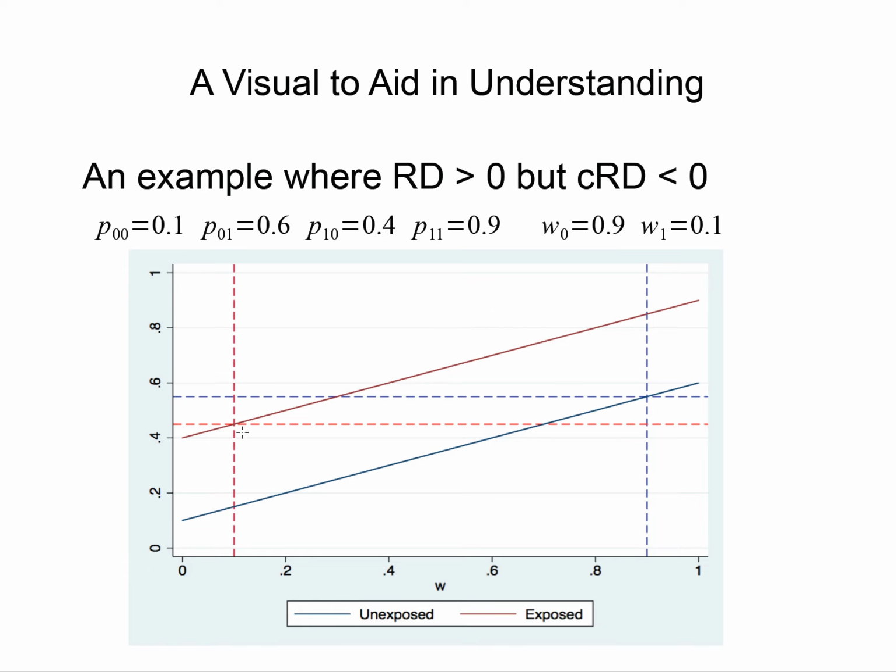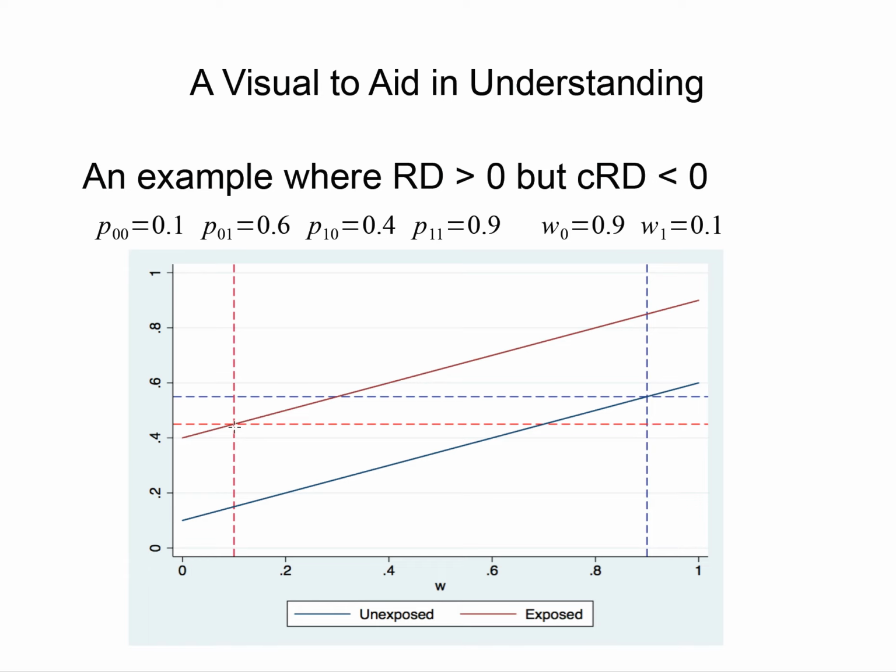And so we get this point on the blue line, that is the unexposed, but with a very high weight, and this point on the red line for the exposed, but notice here that the weight is such that the difference between this point on the blue line and this point on the red line is now negative.